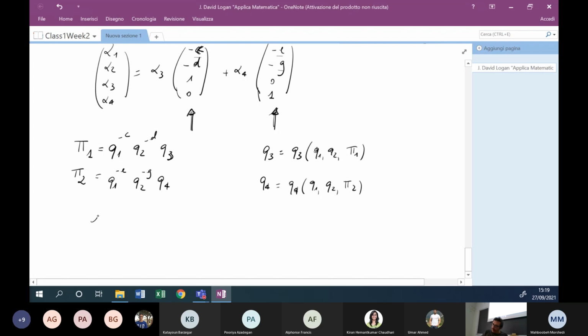Such a way that, you remember, the physical law ruling my mathematical model was f of Q1, Q2, Q3, and Q4 equal to 0, which can also be written as f of Q1, Q2, where Q3 is a function of Q1, Q2, and pi 1, and Q4 is a function of Q1, Q2, and pi 2.